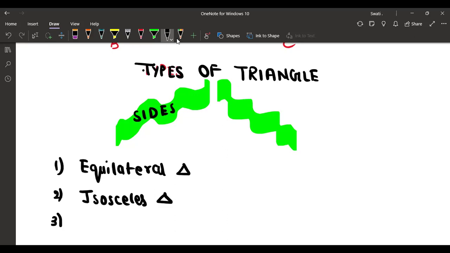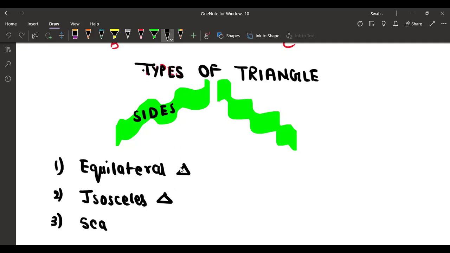So what is an isosceles triangle? One side equal? How can one side be equal to nothing, right? So you will say any two sides are equal. In an equilateral triangle all three sides are equal, but in an isosceles triangle any two sides will be equal. Got it?